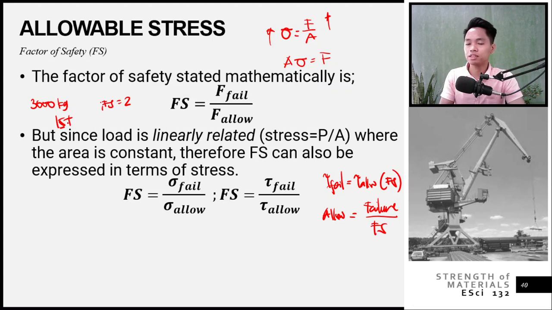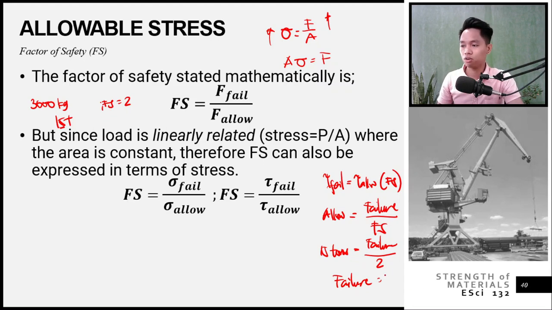The 15 tons displayed is only the allowable, not the maximum or the failure load. So 15 tons is equal to failure over the factor of safety, which is 2. Therefore, for a bridge with 15 tons posted and a factor of safety of 2, it can still carry a load of up to 30 tons.